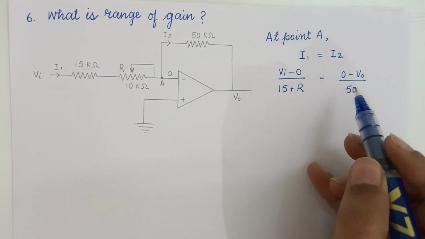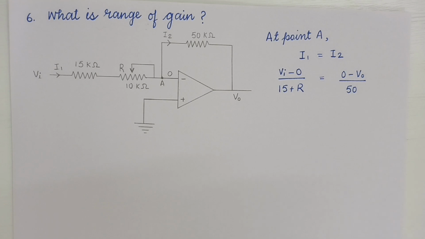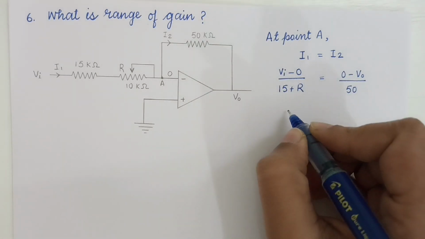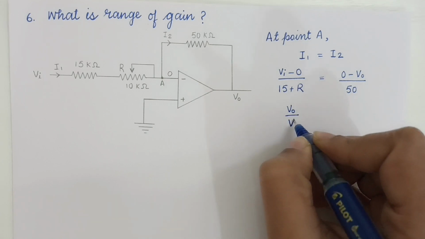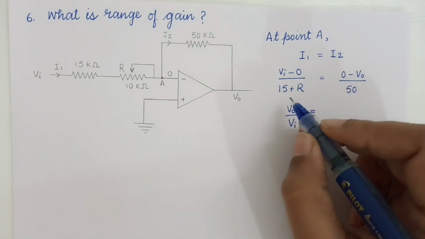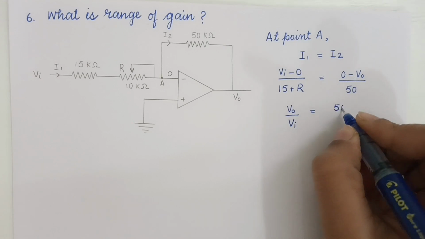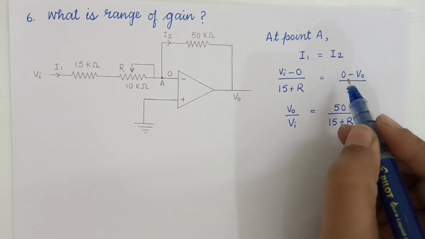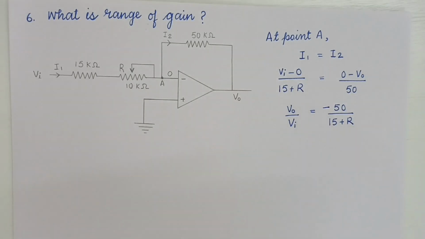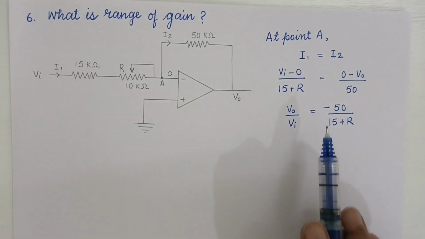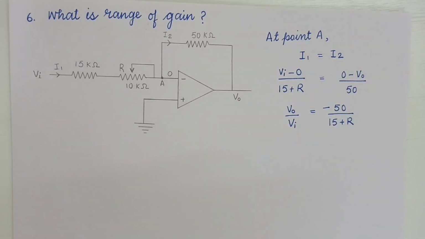Let us convert it in the form of V naught by Vi. This V naught and this Vi. So V naught upon Vi, and solving the rest of the terms, taking this 50 this side, we will get 50 divided by 15 plus R, and with a negative sign, because we have this V naught as negative, so moving it to the other side, this value will get a negative sign on it.